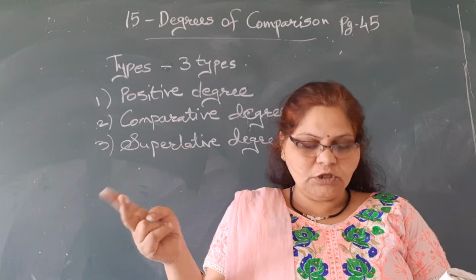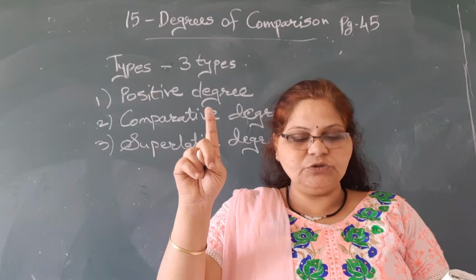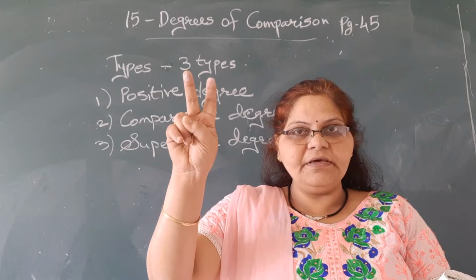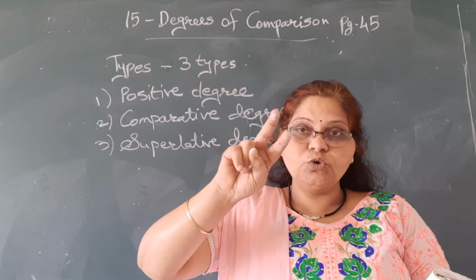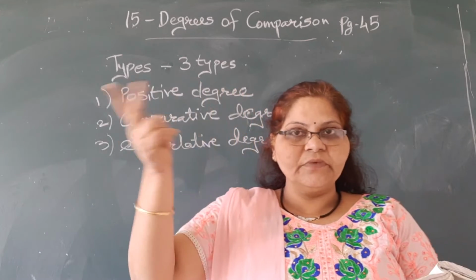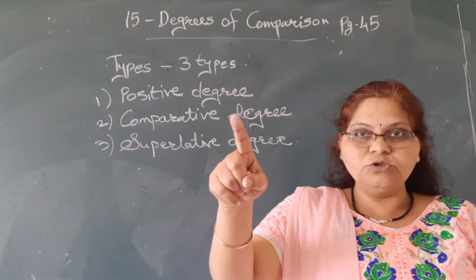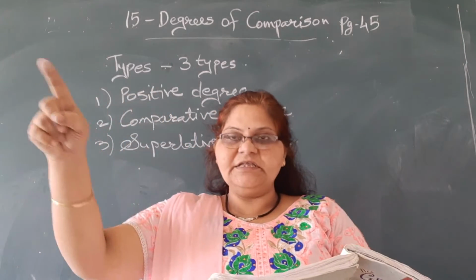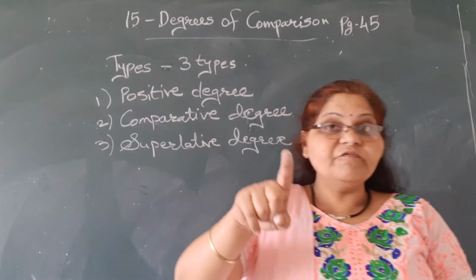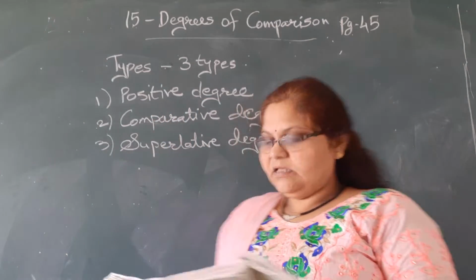In positive there is only one person or thing. In comparative there is comparison between two things or two persons. So for example, you can say this house is bigger than that one, which in the first positive example we have seen.